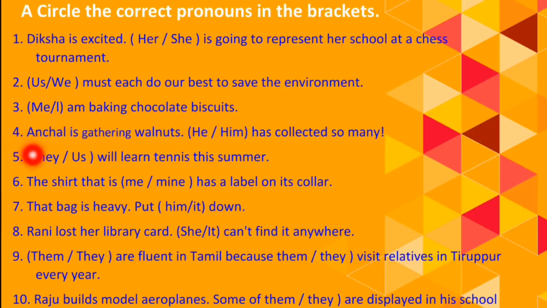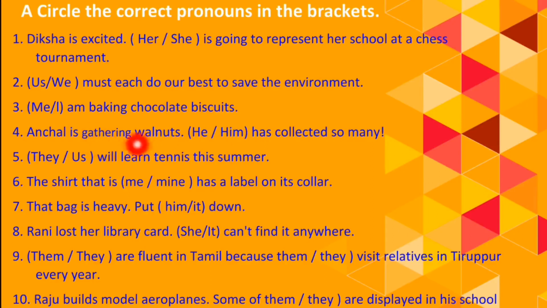Now let's see the fourth sentence. Anshul is gathering walnuts. He or him has collected so many. Here we are talking about Anshul, a boy. Anshul is gathering walnuts. The sentence is over, so the next sentence we have to start with the subject only, not with the object.